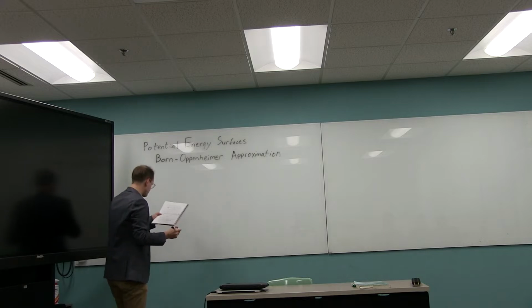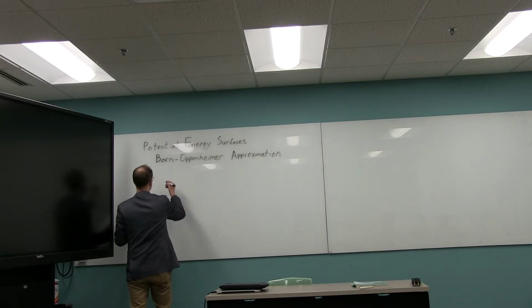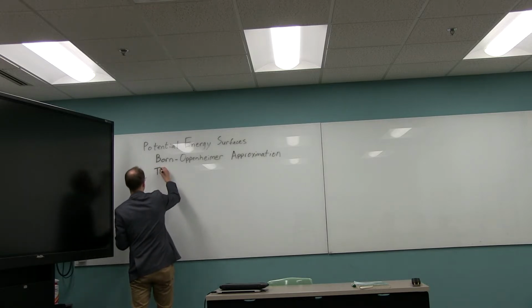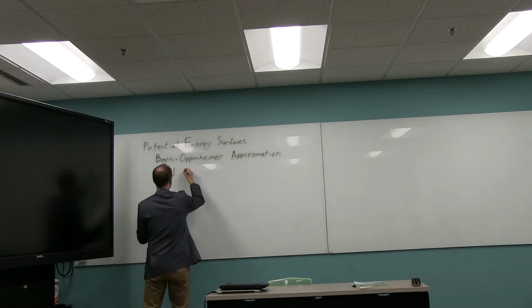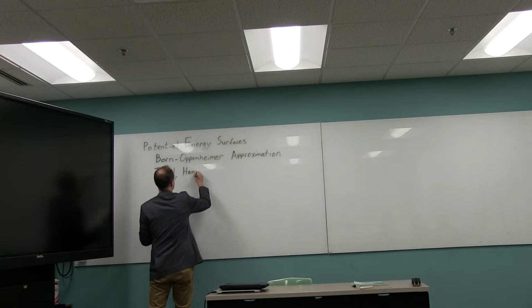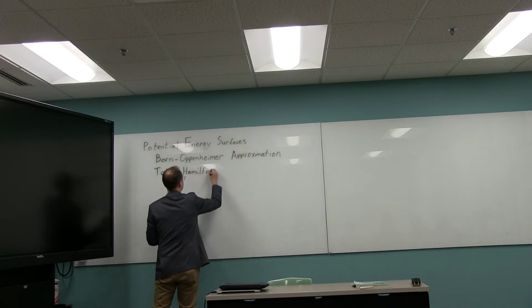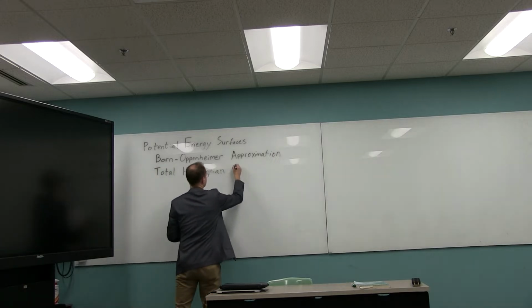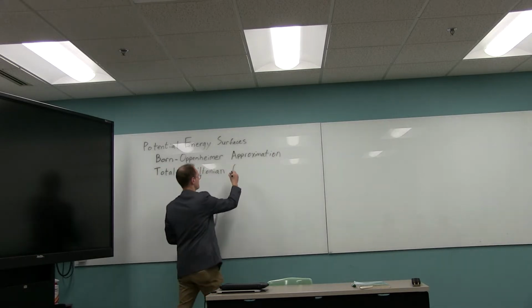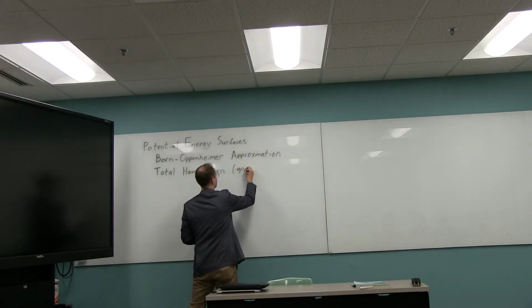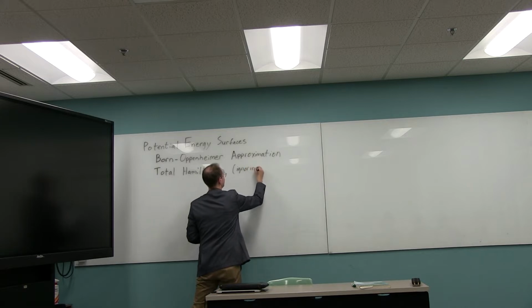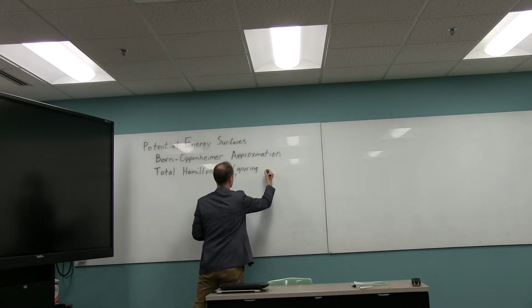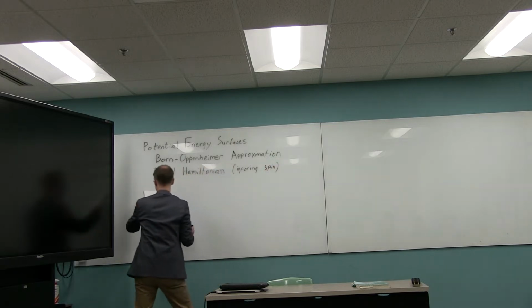Okay? And so if we write the total Hamiltonian for some chemical system, for today, I'm going to ignore the effects of spin, right? So I'm not going to include spin-orbit coupling terms, but I'll include everything else.